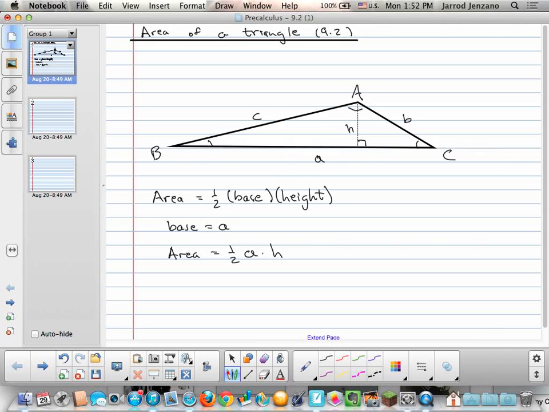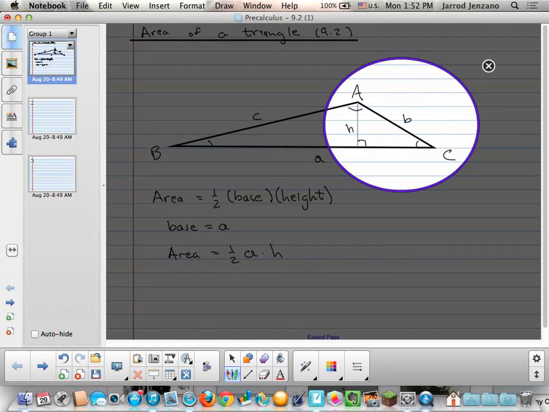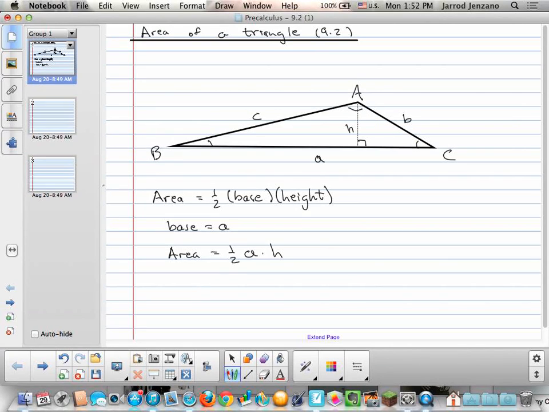If you zoom in to that right triangle, you can see that the sine of angle C is opposite over hypotenuse, so the sine of C is H over B. Multiplying both sides by B, H is B times the sine of C. Awesome.